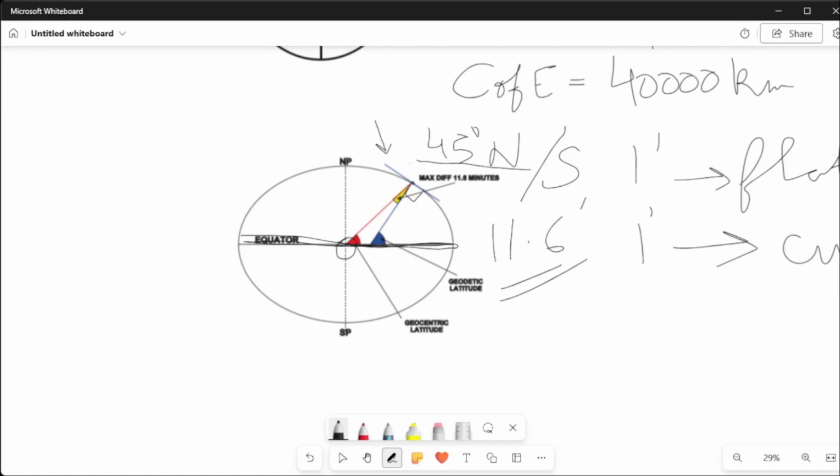So you only need to apply the conversion factors, that is 1 minute is 1 nautical mile and 1 degree is 60 nautical miles. So over here we simply need to subtract the smaller latitude from the bigger latitude, get the difference, multiply, and arrive at the answer, which is given as 2689 nautical miles.